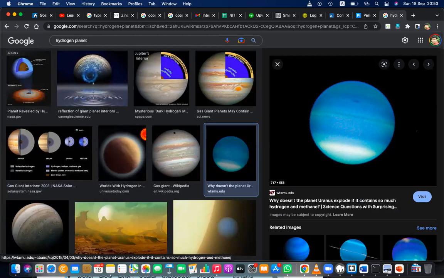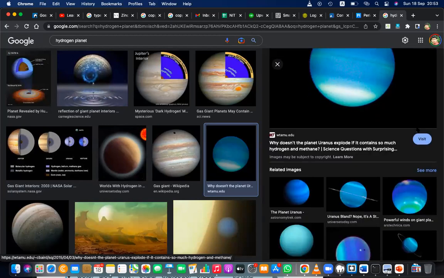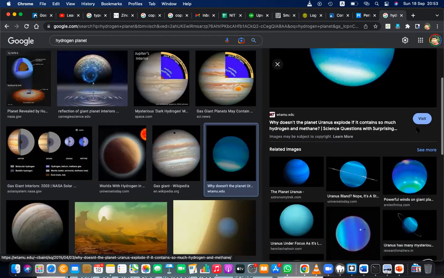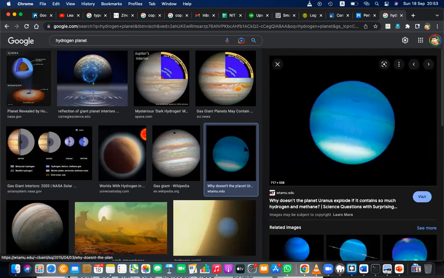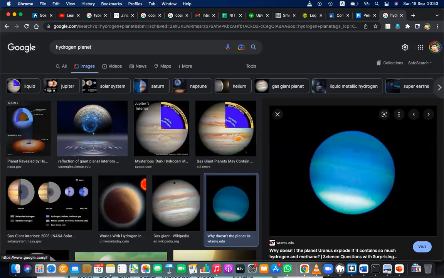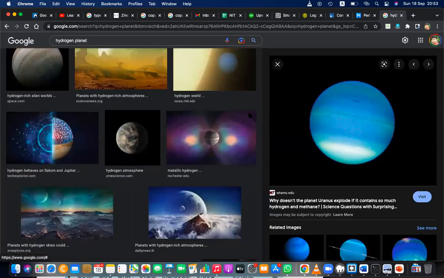Uranus is basically blue color. Just explore that and see why this blue color is there. There are burning reactions, and just see about Uranus.